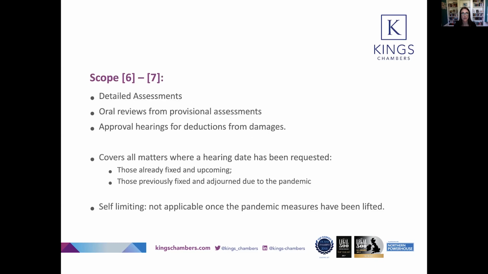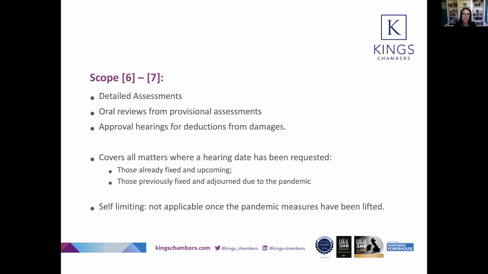Scope you will find set out at paragraphs 6 to 7. It encompasses the usual suspects, so detailed assessment or reviews, approval hearings for deductions from damages. Helpfully, it is wide in scope and covers the following situations: those cases where hearing dates have been requested pre-pandemic but have not yet been listed; those cases which are already listed and are due to be heard during the currency of the pandemic.